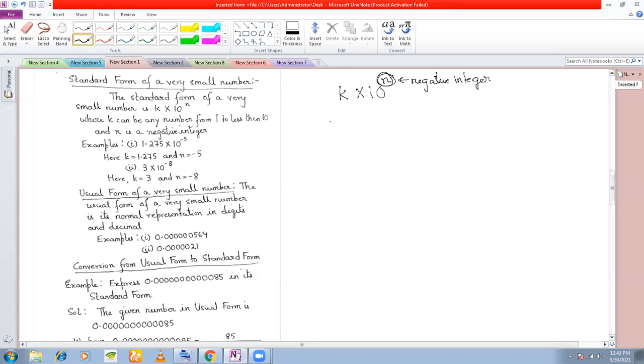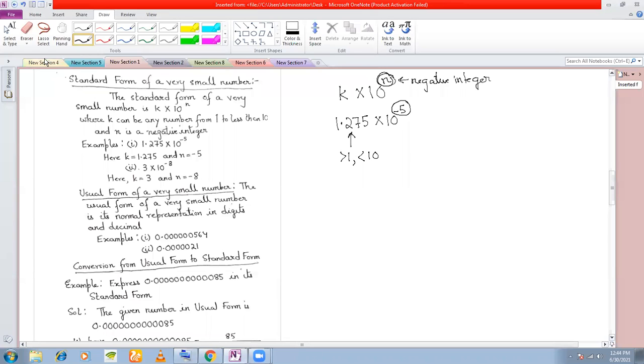So examples of standard forms of small numbers can be, say, 1.275 into 10 to the power of minus 5. This number is in standard form. This is a very small number. You see n is negative here, 10 to the power of a negative number, and k here is greater than 1 and also less than 10, right?